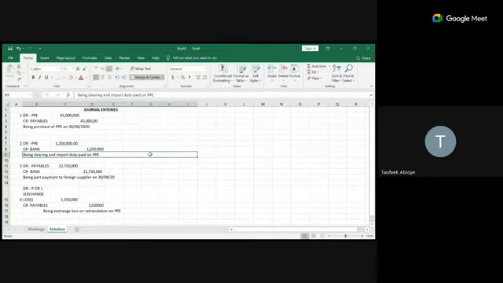Or we can call it being exchange loss incurred on retranslation of PP. So that is just the number 4.